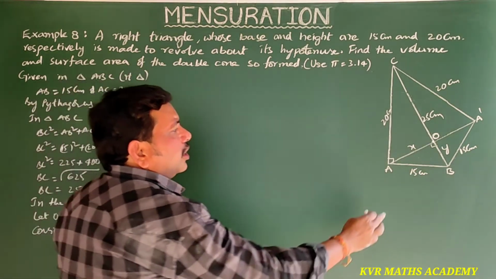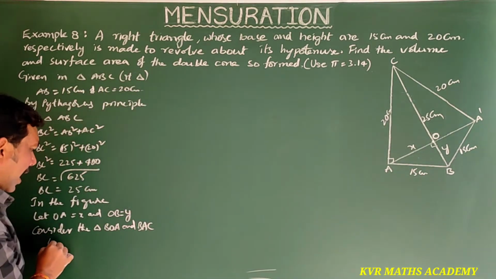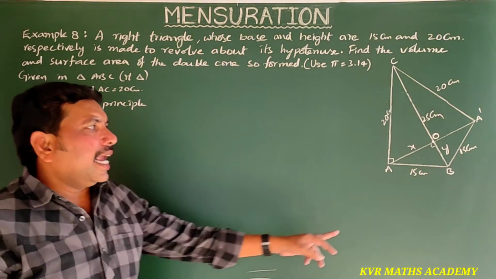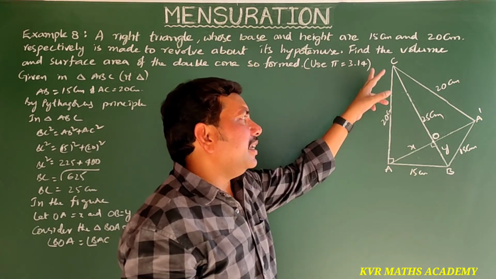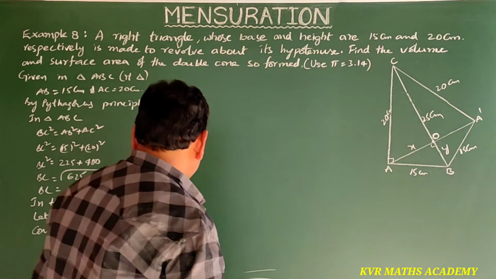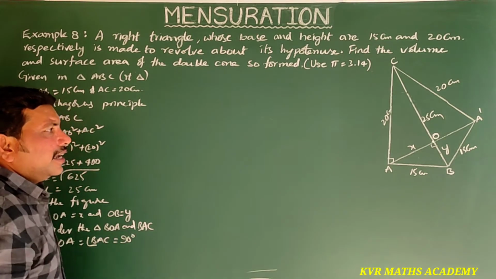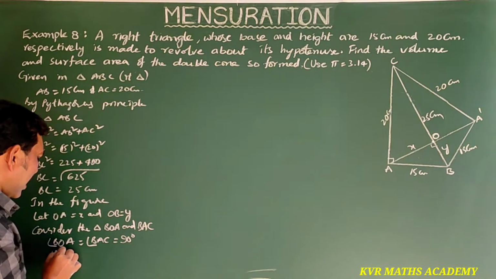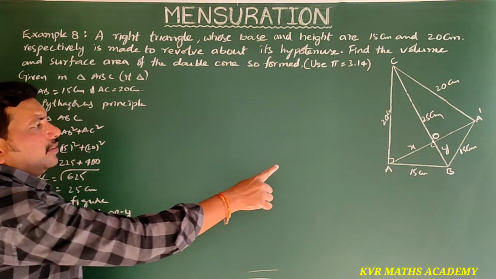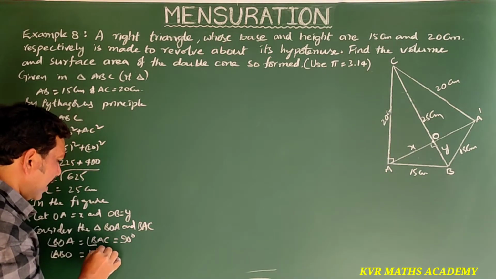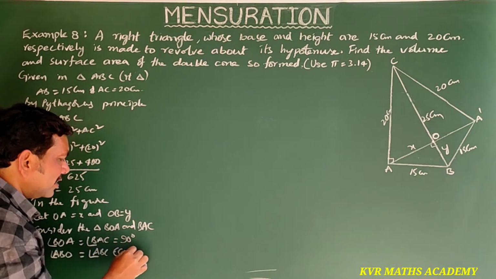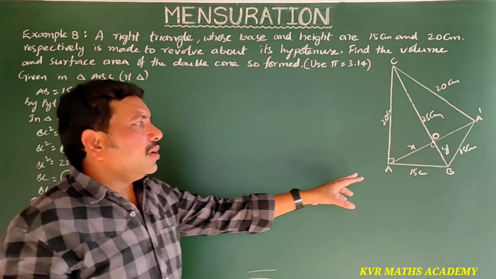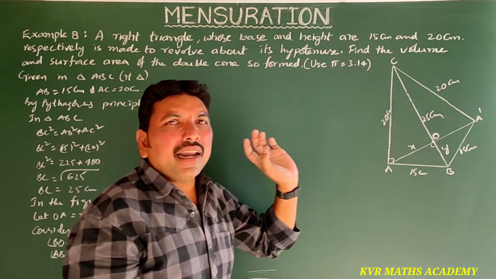So look here, in these two triangles, angle BOA is equal to angle BAC, right angles, that is equal to 90 degrees. Next, angle ABO is equal to angle ABC. This is common for both the triangles. Now here, in two triangles, two angles are equal.